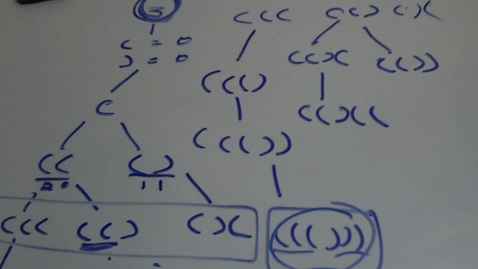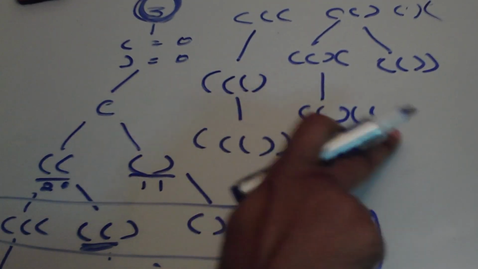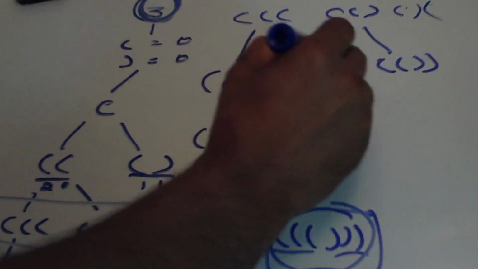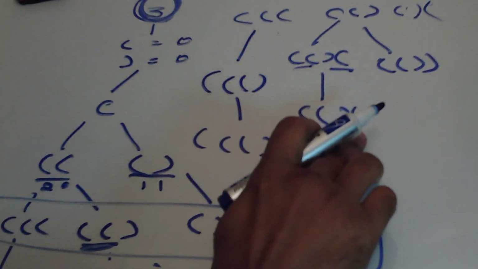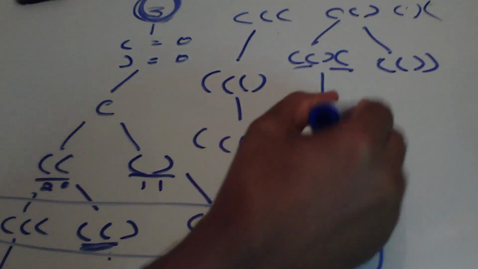Here the number of opening is already 3, so we cannot add more, but we can add a closing one.